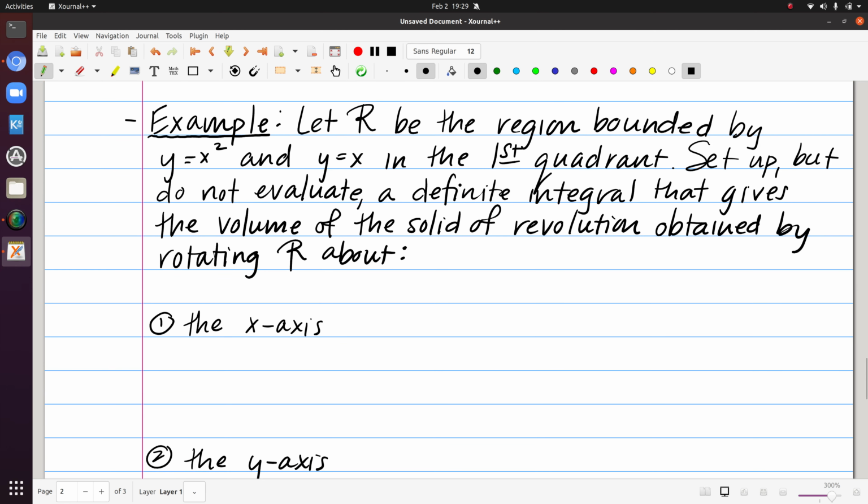So again, while it's not required, what I always would want to do is draw the associated region if I have to start thinking about rotating around any axes. And in fact, let me give myself enough room. I'm going to take up a little bit more space here.